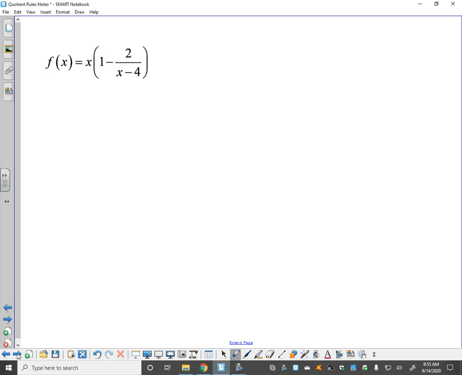Okay, number 5. Again, I'm going to clean this up. If I don't clean this up, then guys, what you have here is a product rule with a quotient rule in it. And I don't want to do that. So I'm going to clean. First, I'm going to distribute my x through.